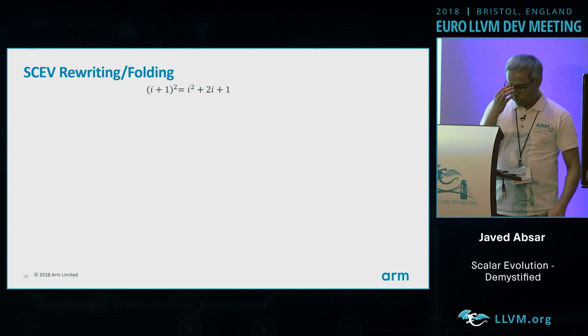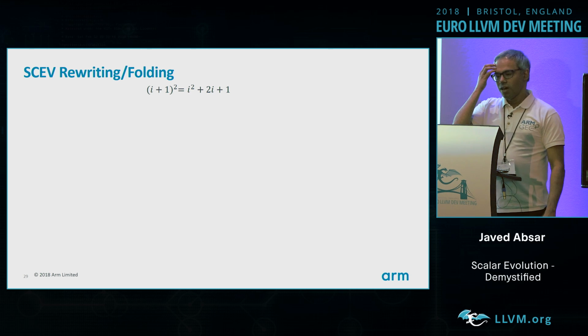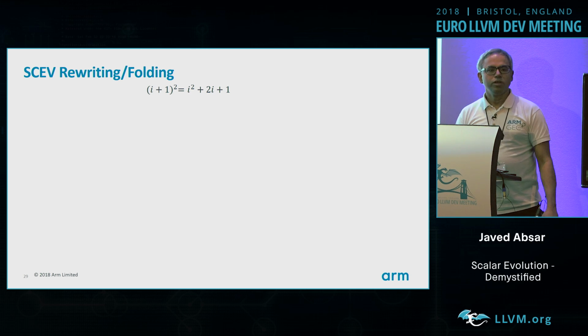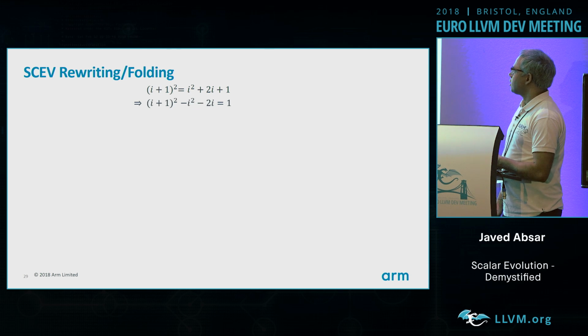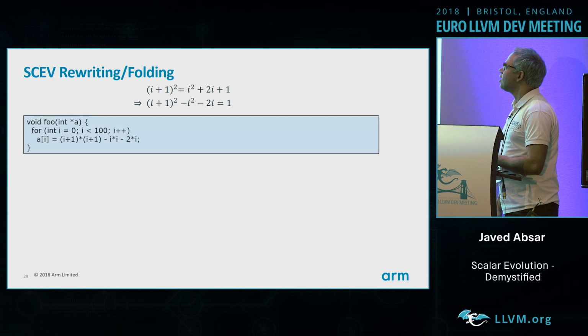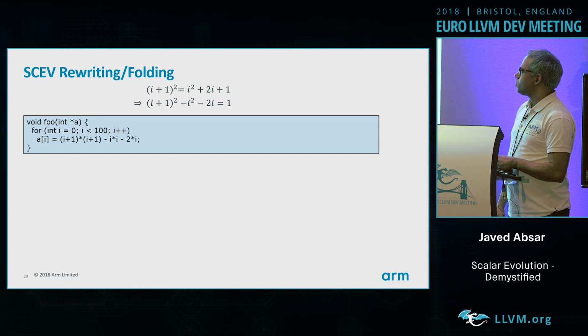Now, we look at the power of SCEV. This is high school algebra. I plus 1 whole square is I square plus 2I plus 1. Okay? If that's the case, then I plus 1 whole square minus I square minus 2I is 1. Why am I telling you this? Suppose we have a program and a for loop, and I'm storing to A[I], I plus 1 whole square minus I square minus 2I.